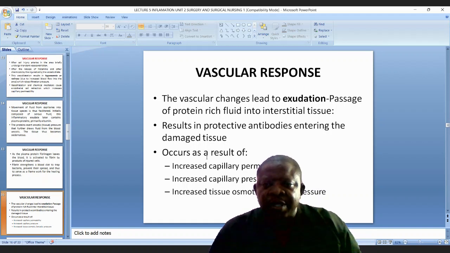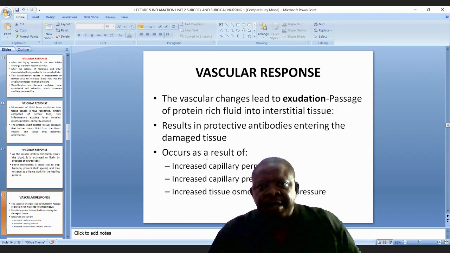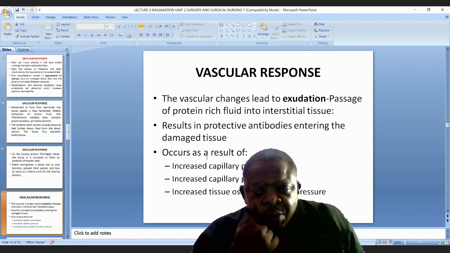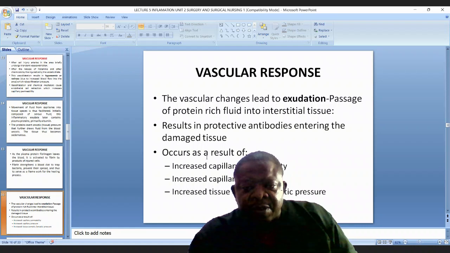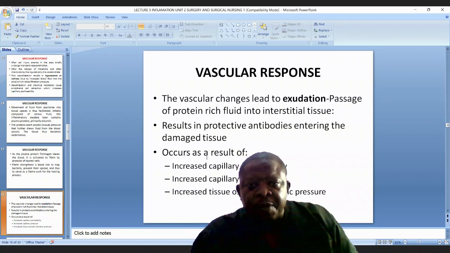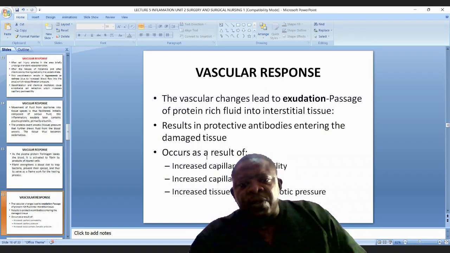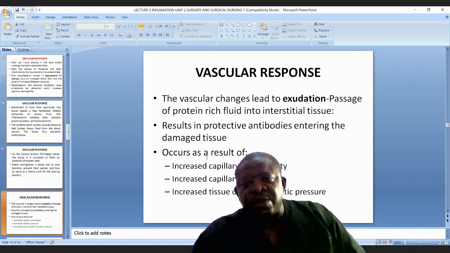So there's fluid migration into interstitial tissues. This will result in protective antibodies entering the damaged tissue. It will occur as a result of increased capillary permeability, that is the vascular response, and increased capillary pressure, and also due to increased tissue osmotic or oncotic pressure.